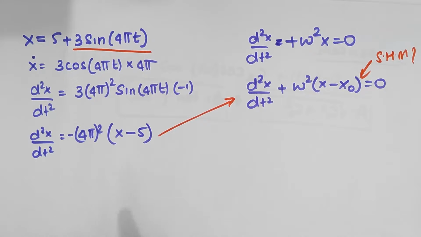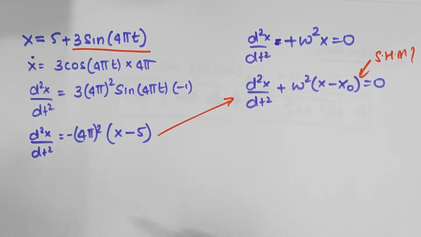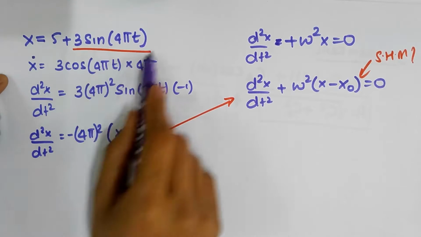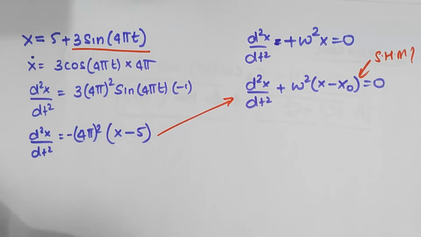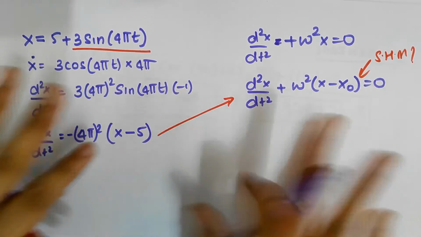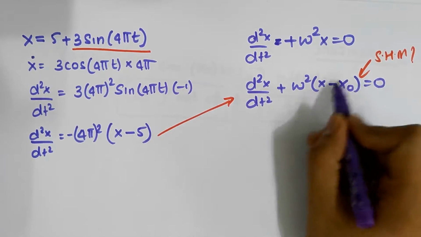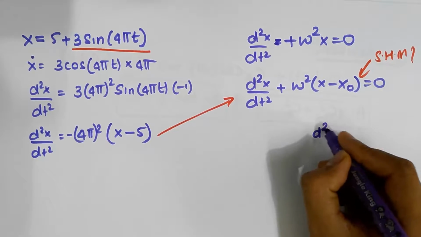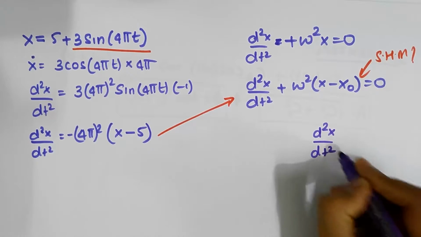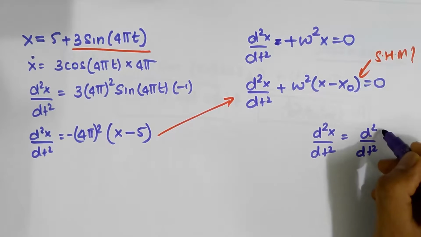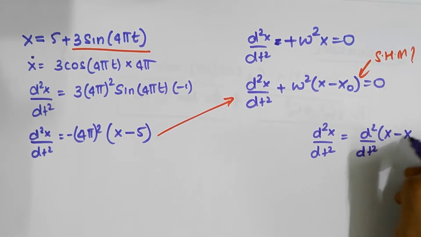Well, we can answer that with a simple trick. What we can do is, look, the differentiation of x, which is this function, and the differentiation of just this function is the same. Do you agree? So what I'm trying to tell you is, in any case in general, if x naught is just some random number, then don't you agree that d squared x by dt squared is the same as d squared by dt squared of x minus x naught?